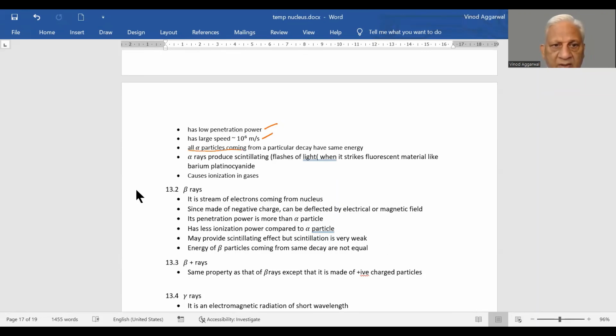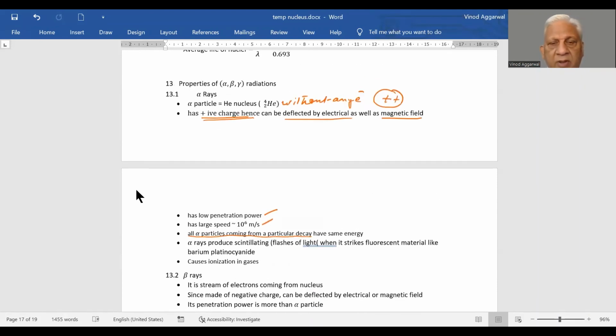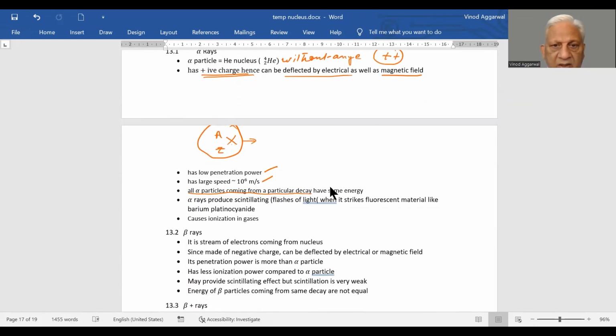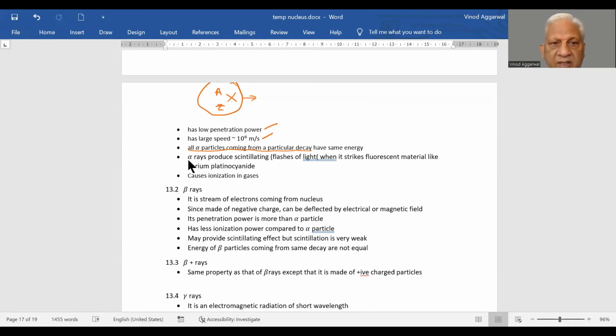And all alpha particles coming from a particular decay, meaning decay of one particular element, if they are coming from the same element, then all alpha particles will have the same energy. And when alpha particles are released, they produce scintillating flashes.